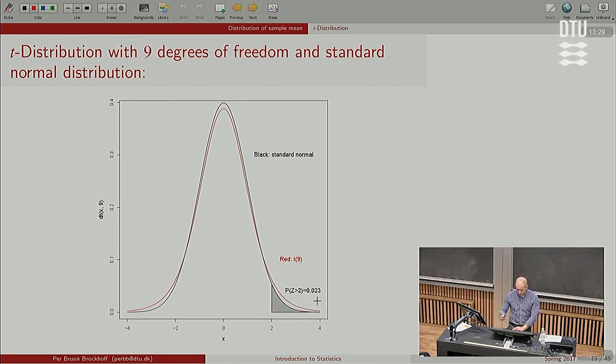What would the similar probability be to go beyond 2 in the standard normal? Well, this is approximately 2.5%. If it was 1.96, it would have been exactly 2.5%. That's the 1.96, right? You learned that last time for the first time. If you're going to remember one number, one quantile in this course, it's 1.96.